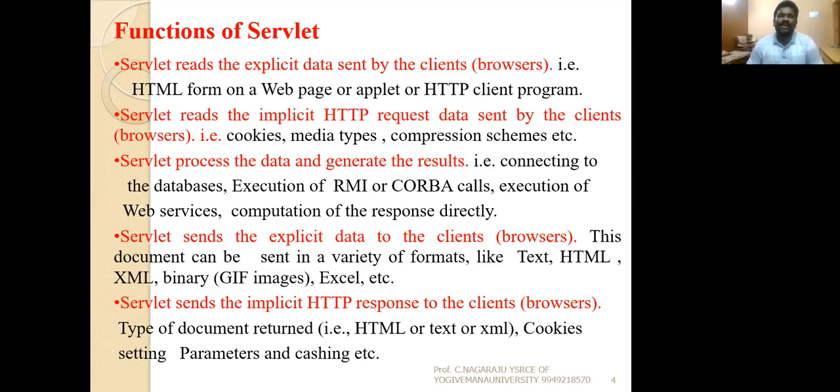This document can be sent in a variety of forms, like text, HTML, XML, or binary. The servlet sends the implicit HTTP response to the clients: type of document returned, cookies setting, parameters, and caching, etc.